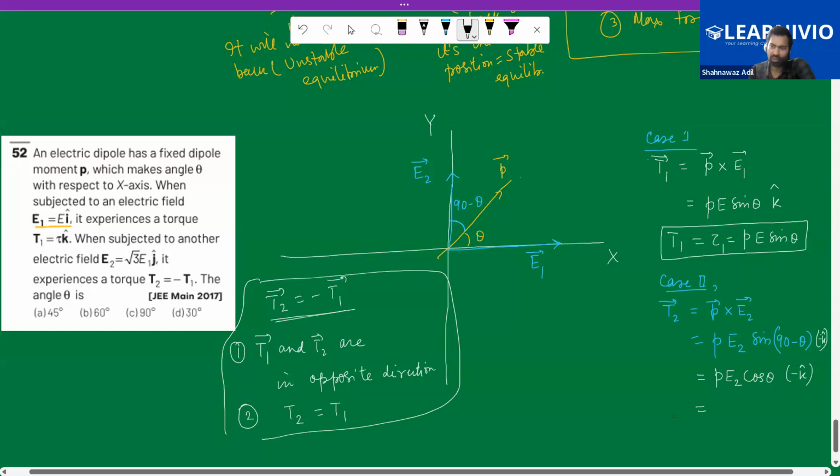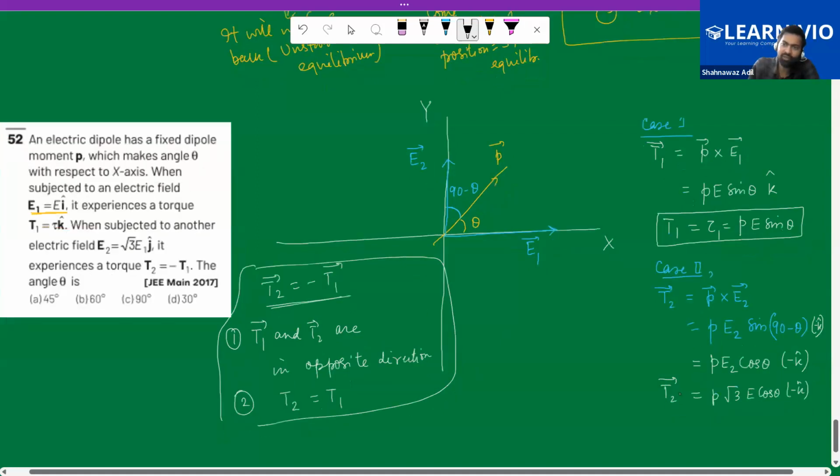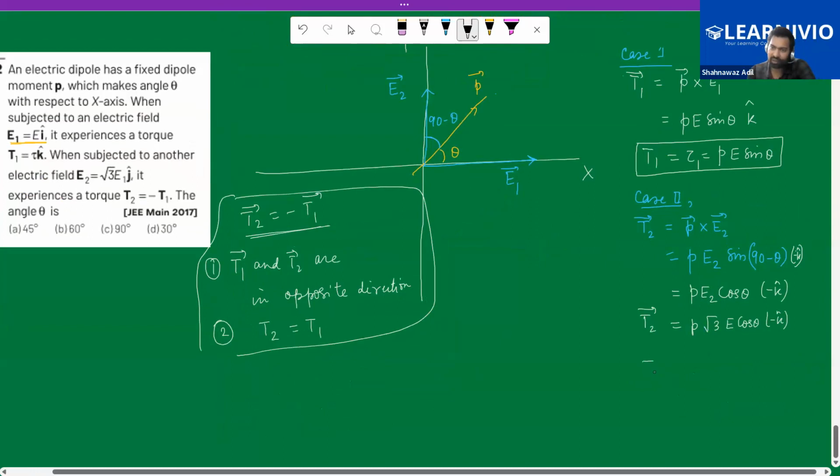So this is P, and what is the magnitude of E2? That is root 3 times the E1 magnitude, so root 3 E, and cos theta. So the magnitude of T2, that is tau2, is simply P root 3 E cos theta.